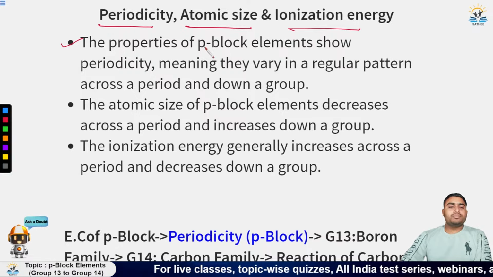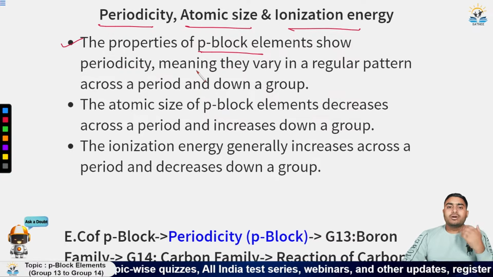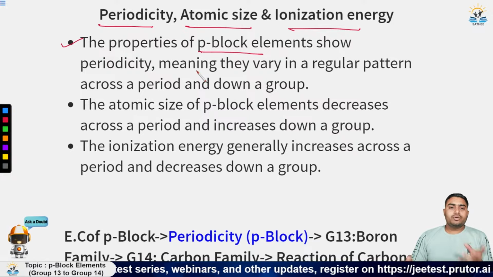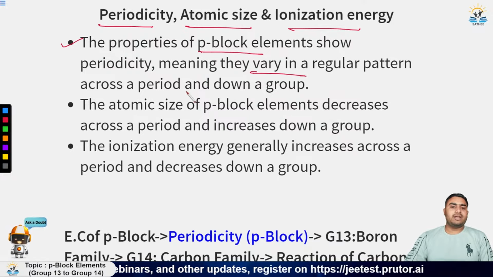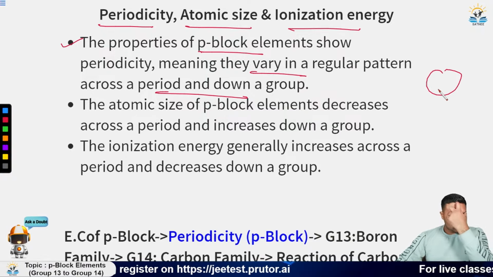The properties of p block elements show periodicity. Periodicity means variation in a regular pattern. They vary in a regular pattern across a period and down a group. For example, we have a clock and this is the clock pendulum.